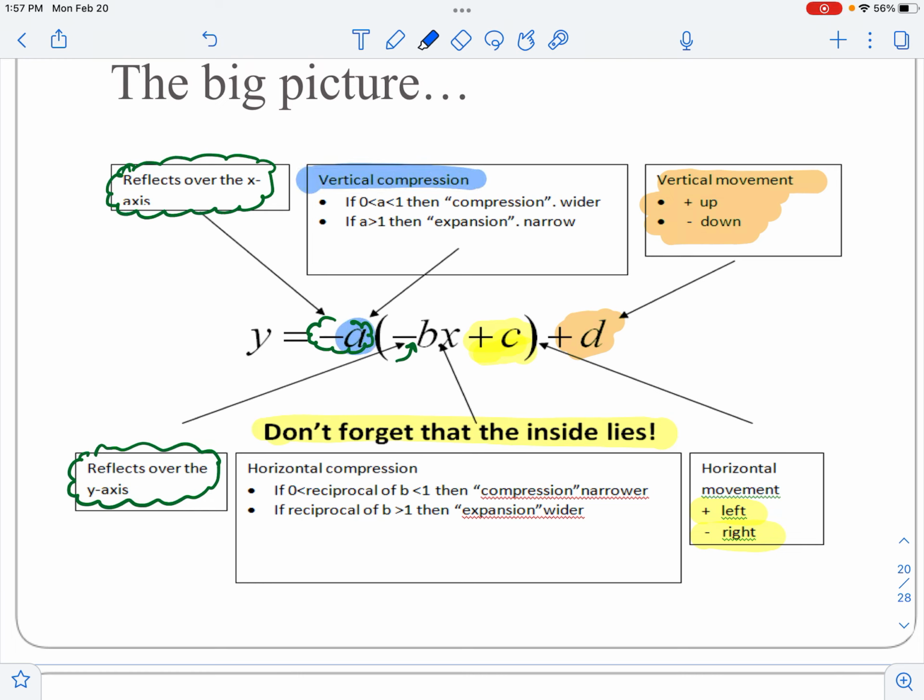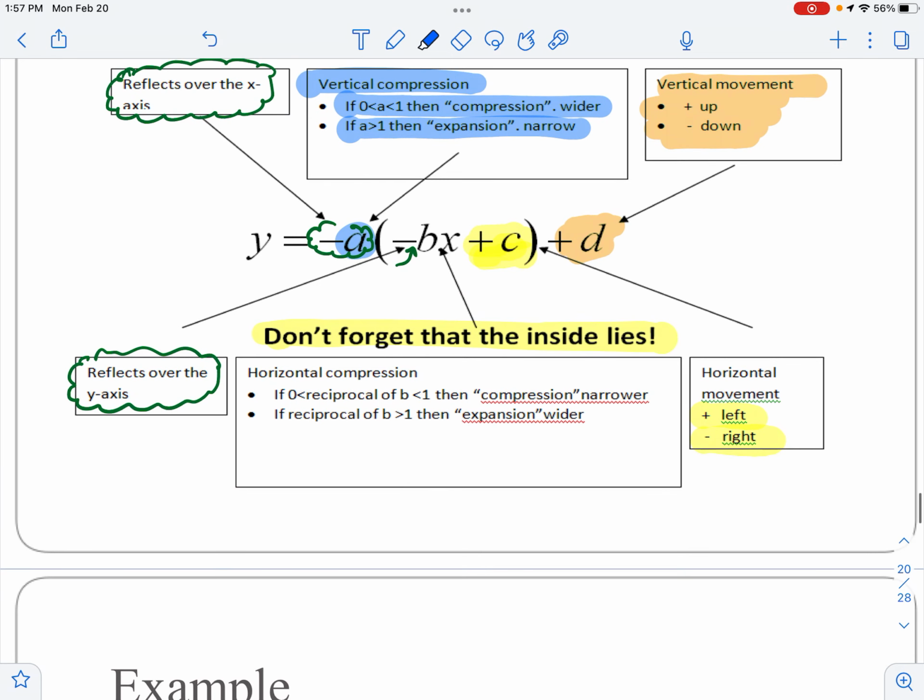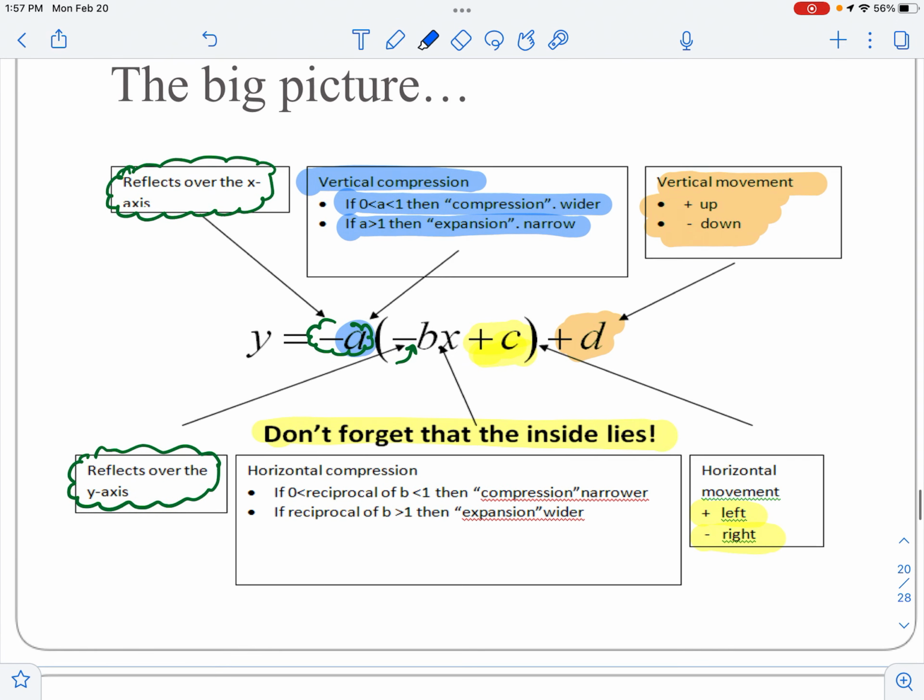If this number in front is greater than 1, then we have an expansion or a narrower graph. And if a is less than 1, so a fraction in between 0 and 1, then you have a compression, meaning that this is going to be wider in the way that it's viewed on our coordinate plane for the graph.